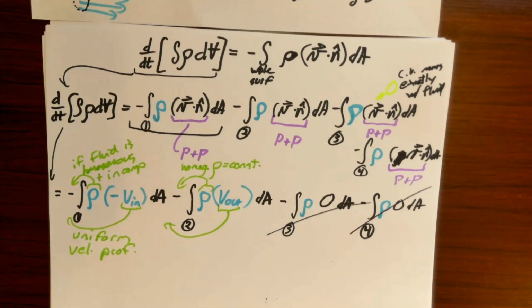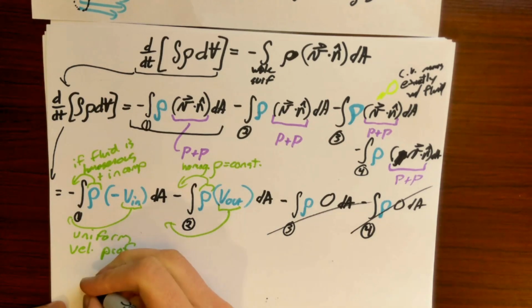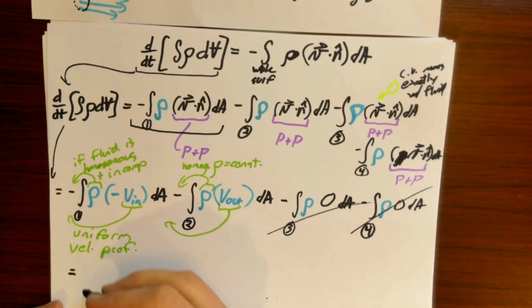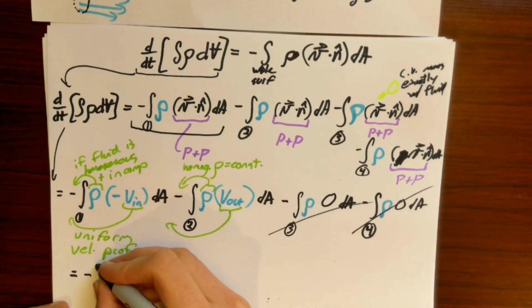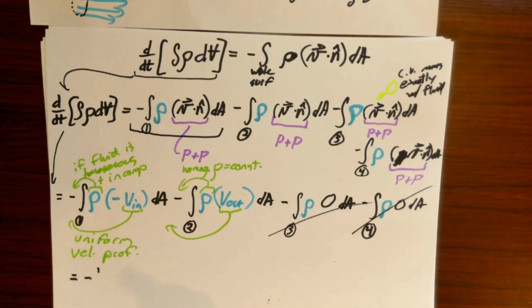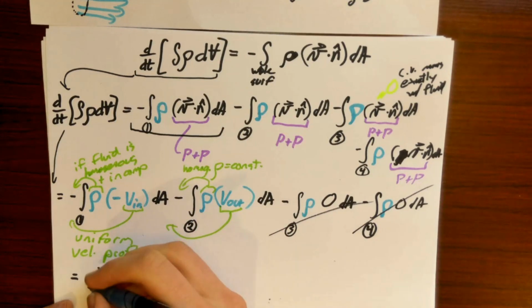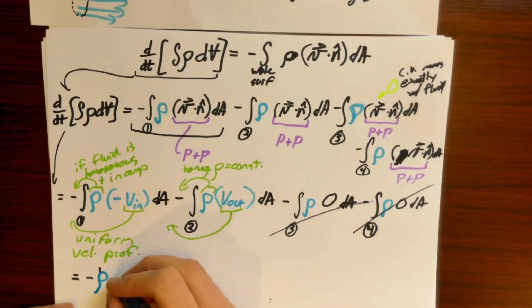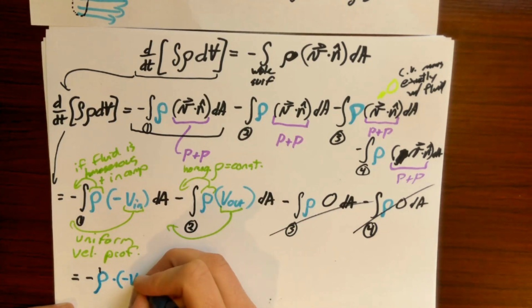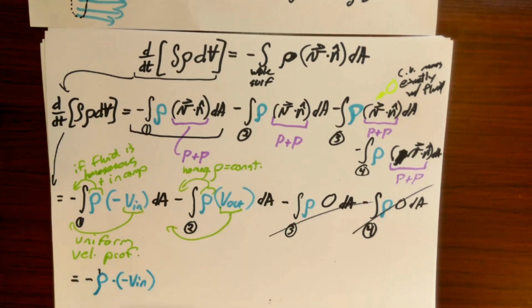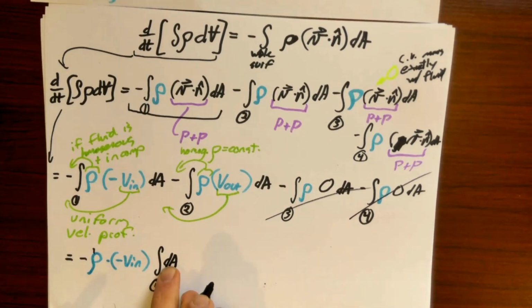So that means we can make considerable simplifications to the right-hand side. Now we have minus the stuff that we pulled out of the integral. So we have minus rho times minus v in, and now we just have an integral over surface 1, where the only thing left in the integral is dA.